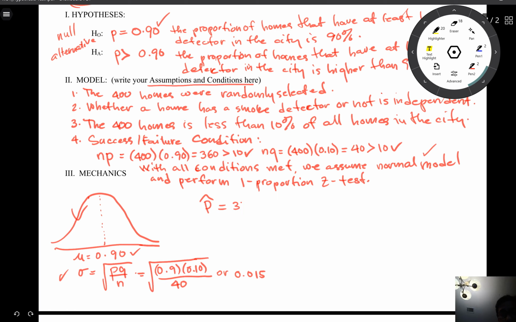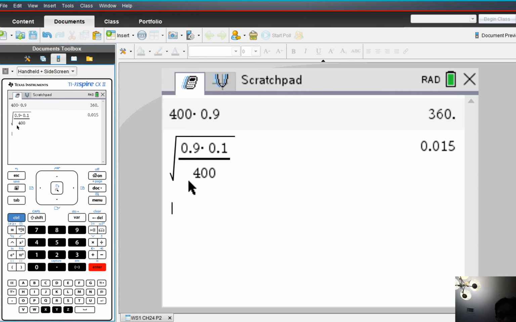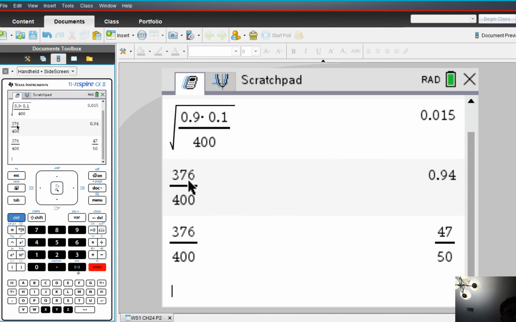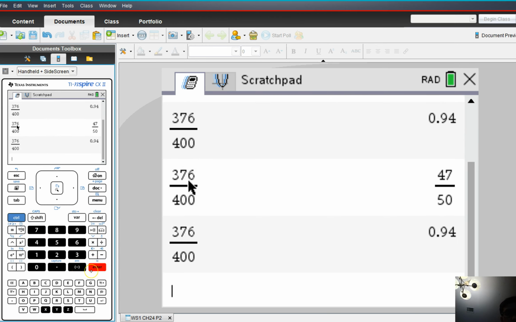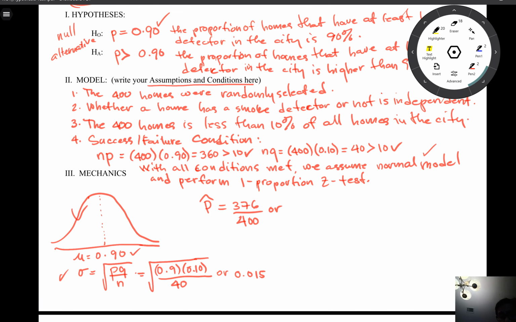So we got 376 over 400, or 376 divided by 400. And that's 0.94.